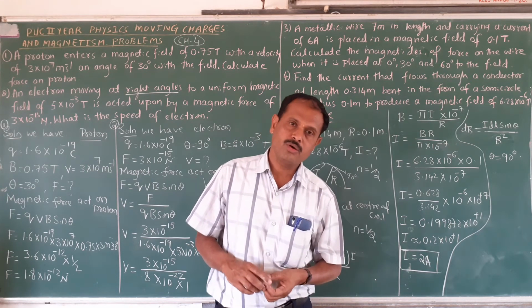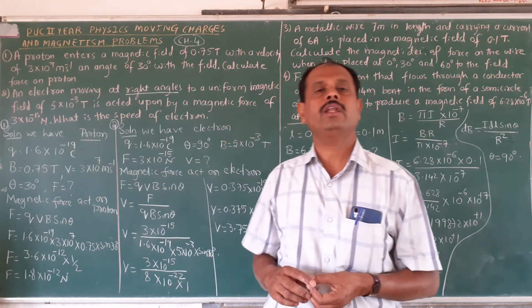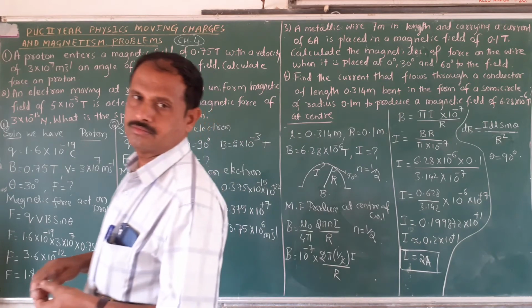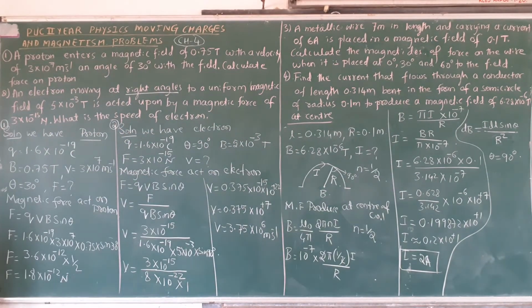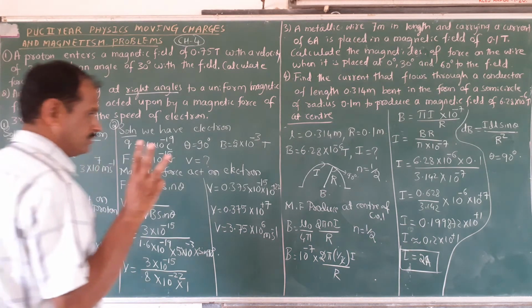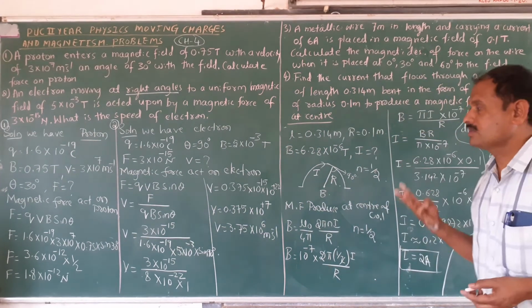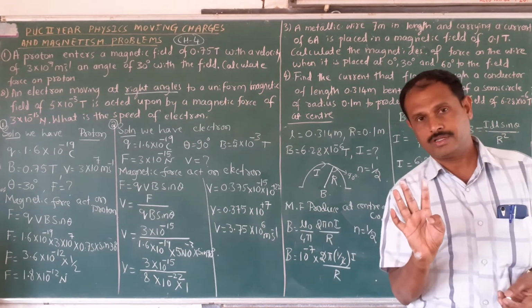How many problems do you have to solve in this video clip? There are 4 problems, based on how many formulas? Only 3 formulas. We will use 3 formulas, 4 problems solved.